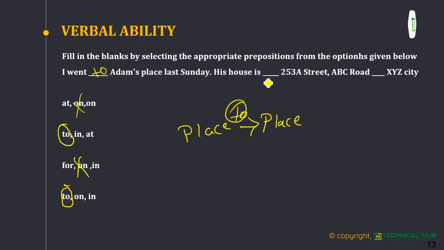His house is in 253 A Street, ABC Road at XYZ City. Option B is the right answer. This is the right preposition.